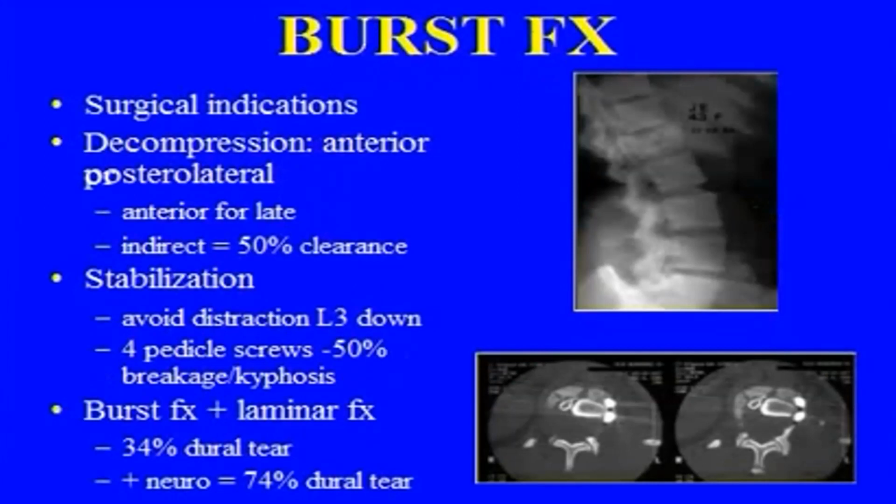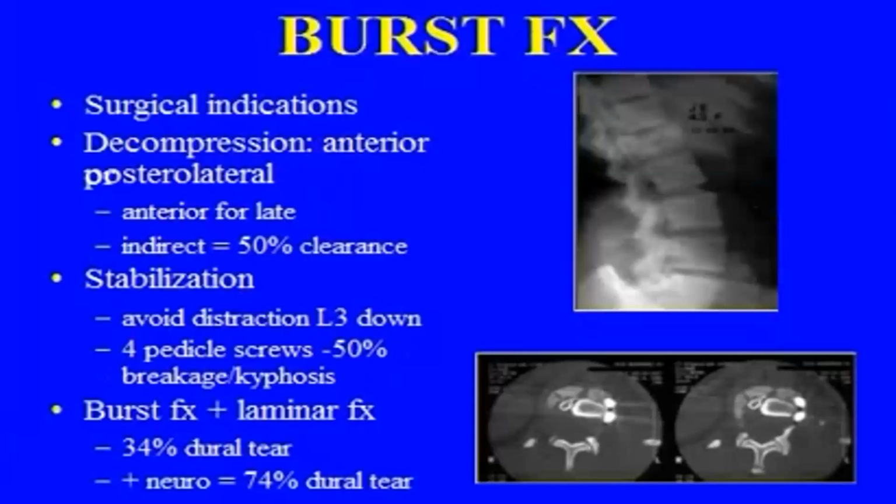Then we started doing two pedicle screws above, two within the posterior pedicles of the fractured body, and two below. But still, in severely comminuted and unstable fractures, it's better to go two below and two above. Beware of dural tears in these injuries, which is quite common in the comminuted fractures.